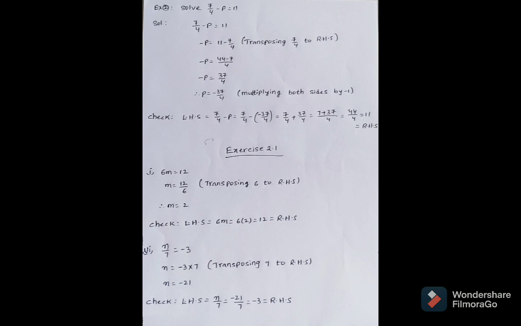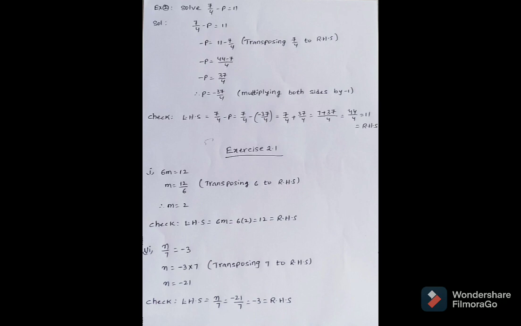Here multiplication transposing to RHS will change to division. So m equal to 12 by 6. Therefore m equal to 2. Check.